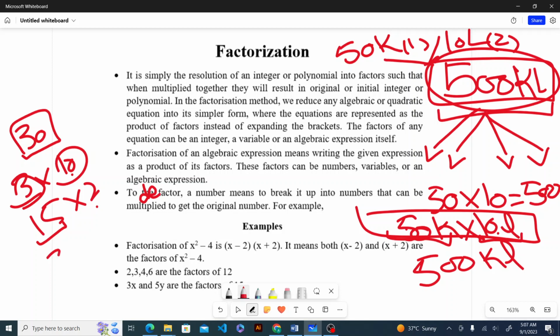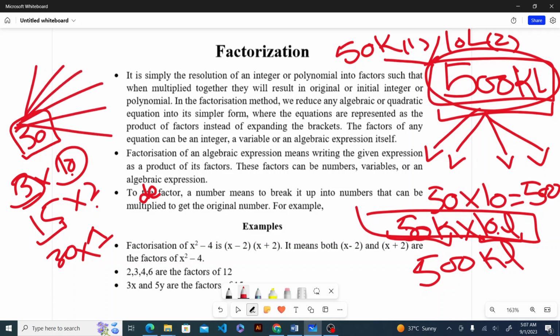And 30 itself and 1, because when we multiply 30 with 1 we get 30, and when we multiply 1 with 30 we get 30. So how many factors are there for 30? 6 factors. Okay, 1, 30 itself, 3, 10, 2, 15. So for now we have 6 factors of 30: 1, 2, 3, 15, 10 and 30.